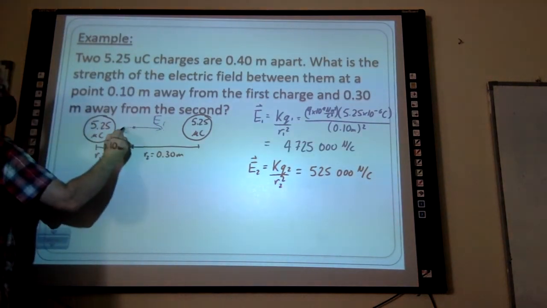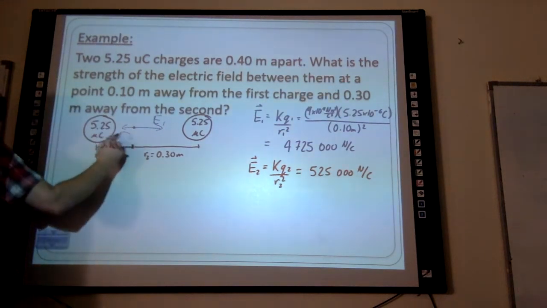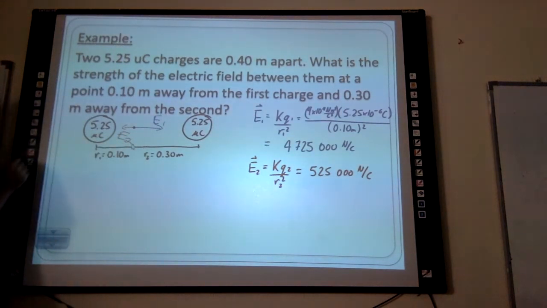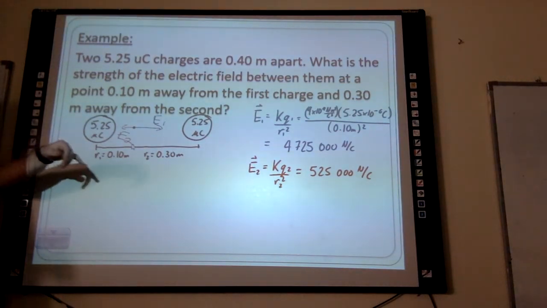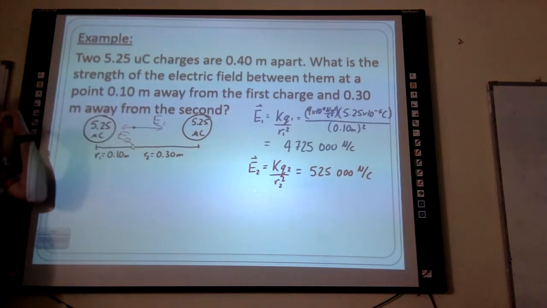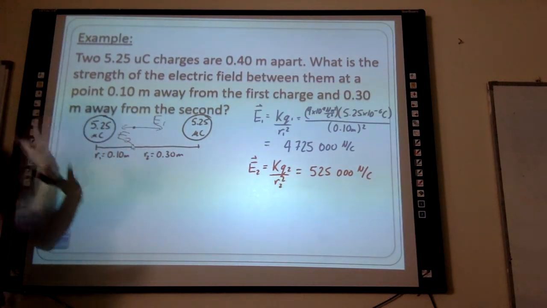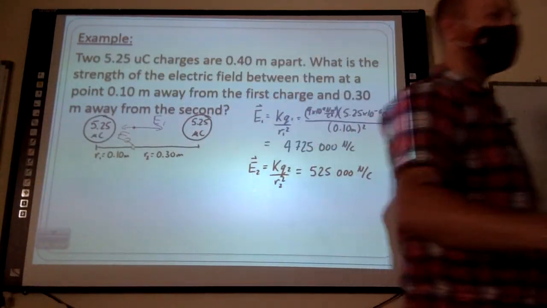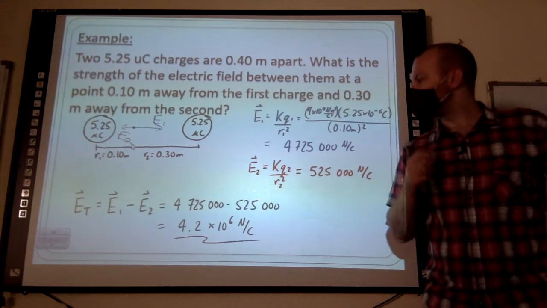E2 is pointing the other direction, but it's smaller, as we just calculated. So in order to figure out the total, it's kind of like doing the winning force minus the losing force. Except now it's the winning electric field minus the losing electric field. So bigger minus smaller. So yes, now we're subtracting. Opposite direction, so subtraction.